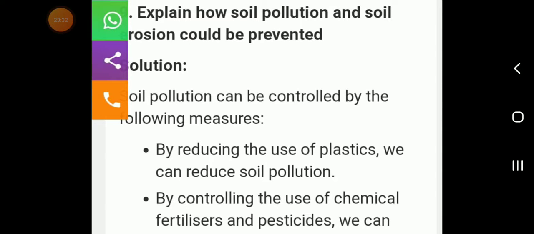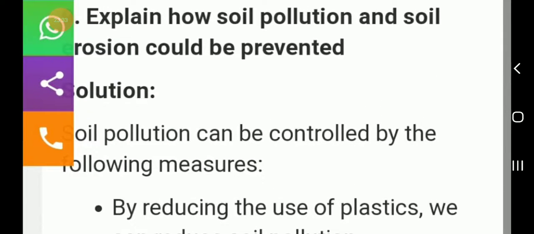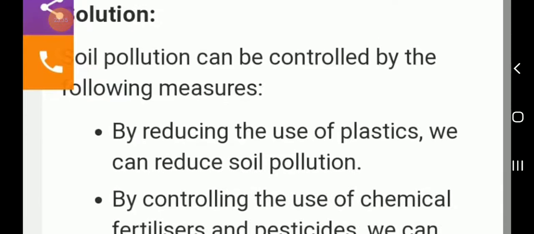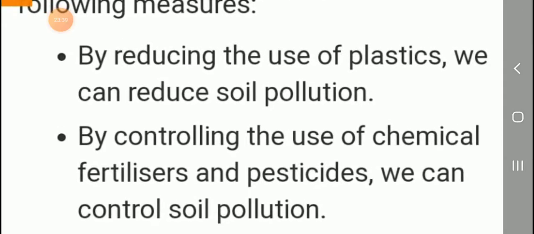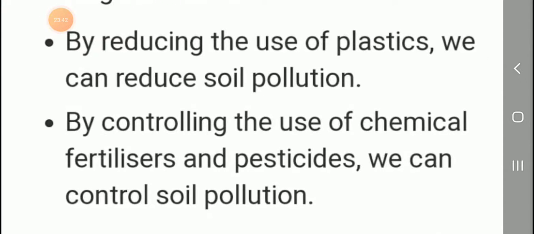How can soil pollution and soil erosion be prevented? Soil pollution can be controlled by the following measures. By reducing the use of plastics, we can reduce soil pollution.